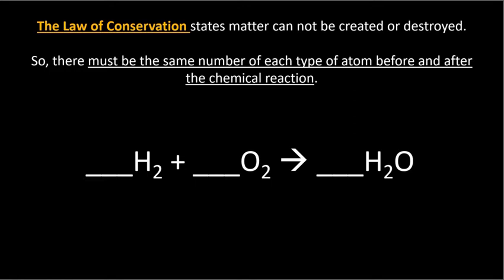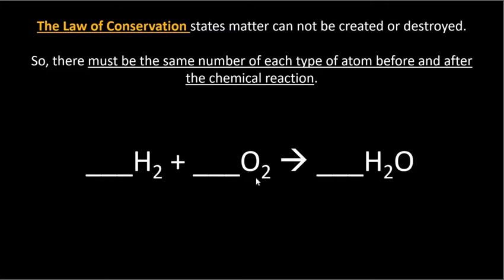Now, if you look at this and you go step by step, you'll see before the reaction there are two hydrogen atoms. You look after the reaction, there's two hydrogen atoms. So far, everything is balanced or the same. Usually you refer to it as balancing.